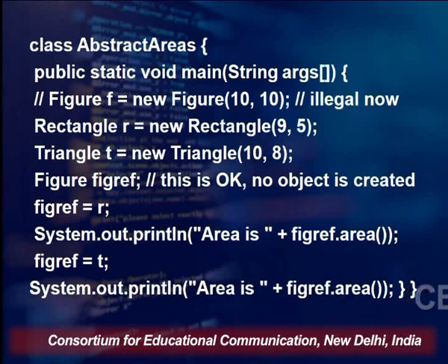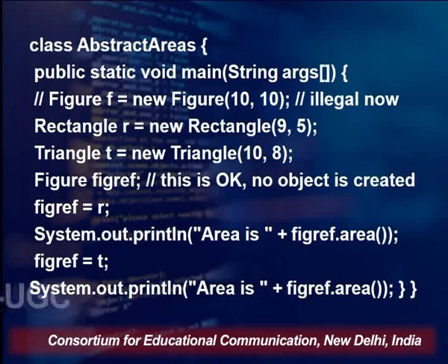Now, what can we do with this class figure at max? We can just create a reference variable. No object is to be created. So, we can say figure figure ref, in which we are not creating the object, we are just creating the reference variable.